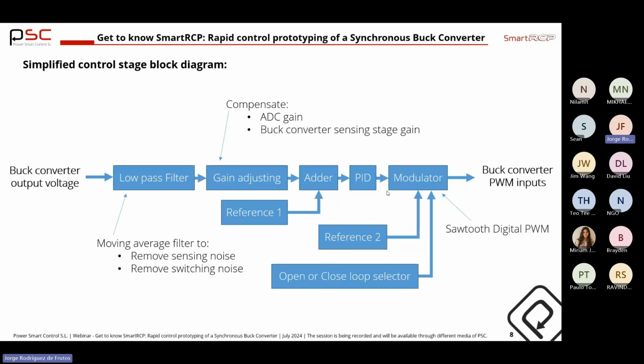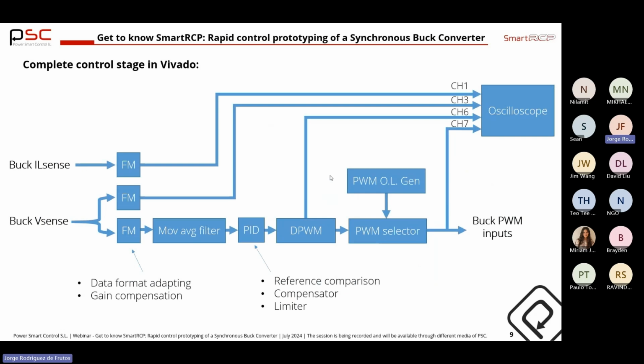If we take a more detailed view of that, we are going to have these control stages. This is what is really inside the SmartRCP system. We are going to obtain the buck converter output voltage.